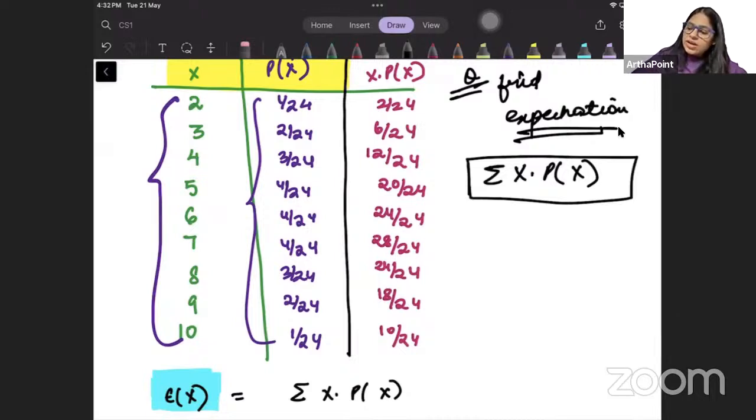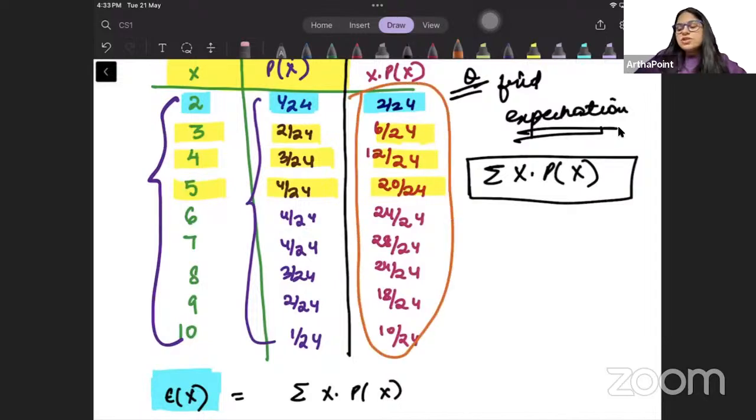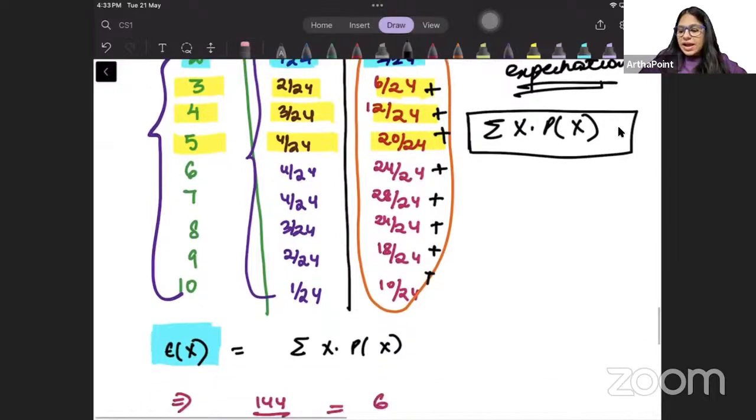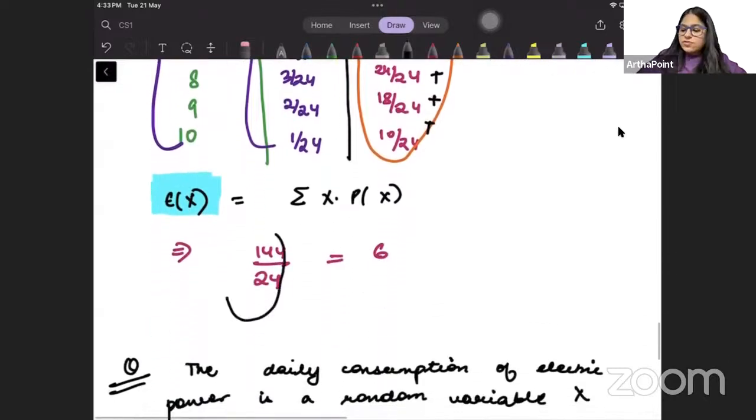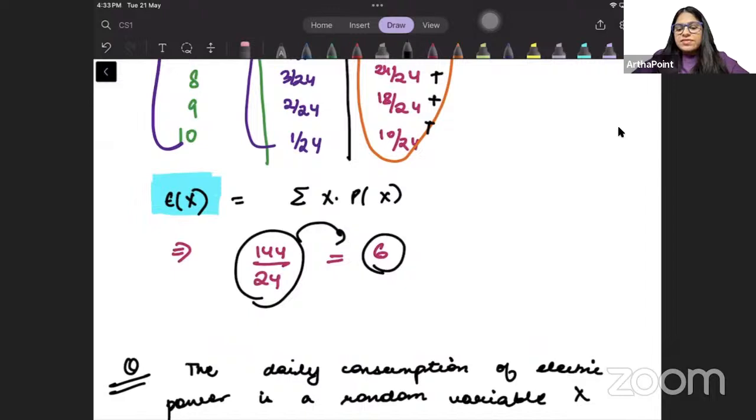So I will multiply x with p(x) for each value, and once I get these, I will add all of them together. When I add all of these together, I get 144 by 24, and that gives me the answer as 6. Am I clear? So this is how you can solve this kind of question, right?